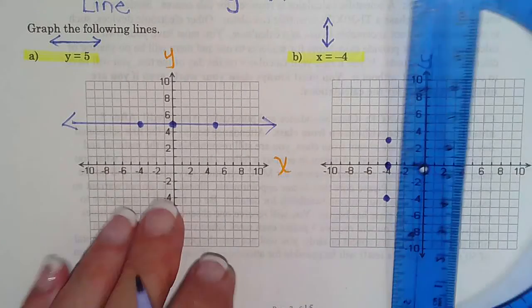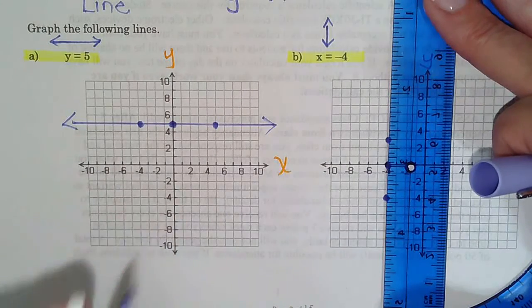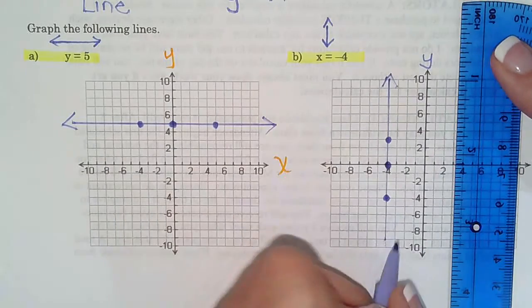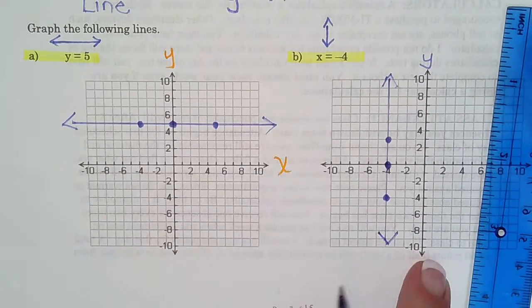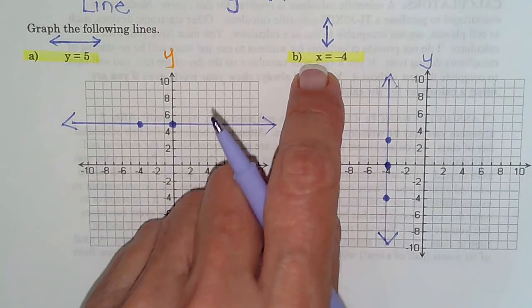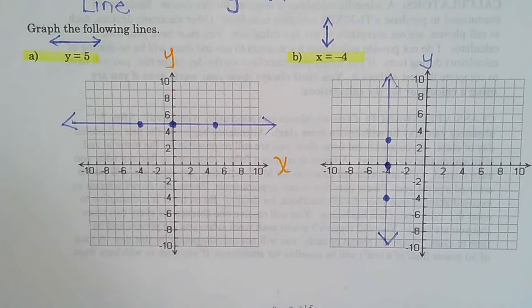So only go through the x. It should never touch the y-axis if it doesn't have a y in it. The only exception being x equals 0, then it lies on top of the y. But all other vertical lines do not touch the y-axis, and that's why they don't have a y in them.